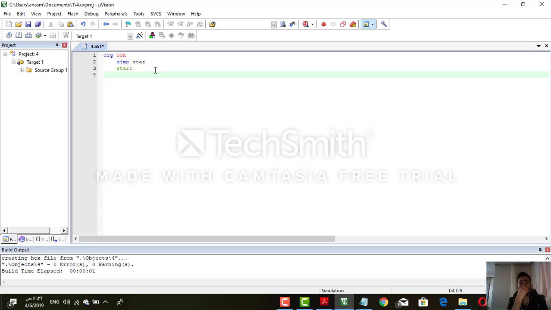If we want to clear the addresses normally, we have to clear them one by one, so we have to write a lot. But by using DJNZ, we don't have to write a lot. It's easy to use. Firstly, we will move the highest value to any register.